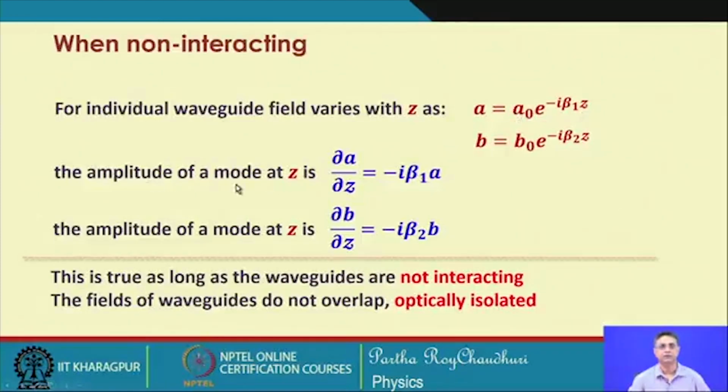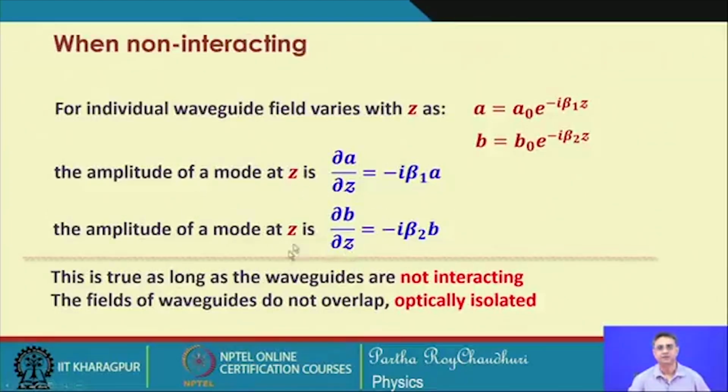The amplitude variation of the mode is dA/dz. As long as this is an individual independent waveguide, the amplitude variation of the mode will be like this, and for the second waveguide, the amplitude variation will be like this.